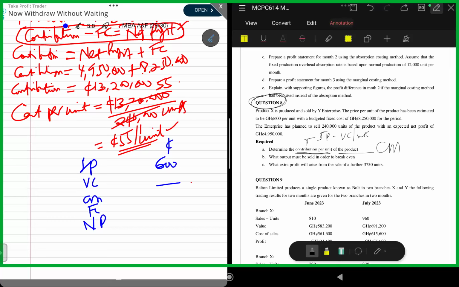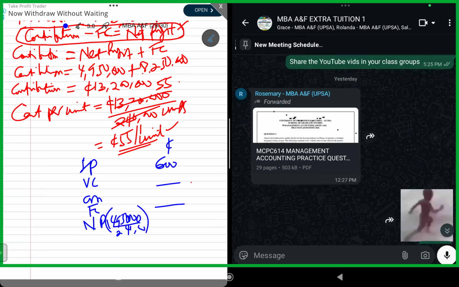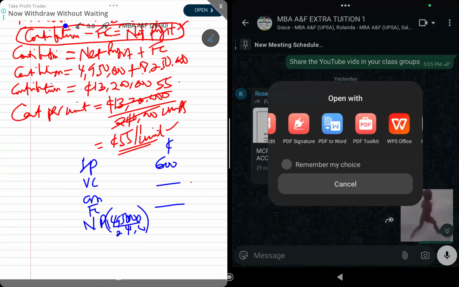And what's the net profit? 4,950,000. So I'm reducing it to per unit: 4,950,000 all divided by 240,000 units. It will give me the net profit per unit.